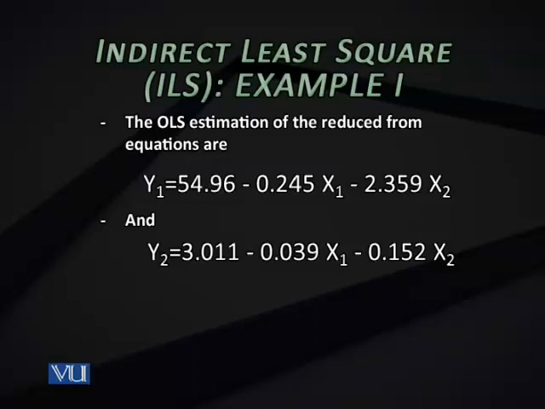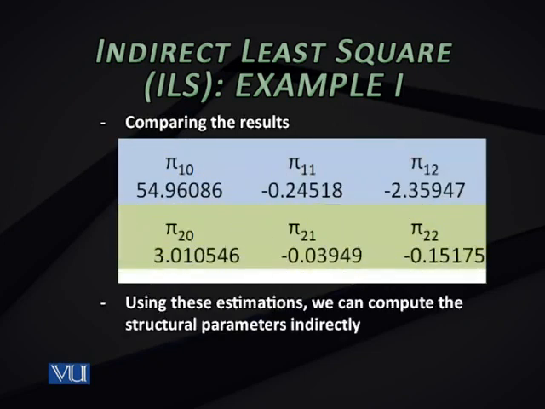You are seeing 2 equations. y1 is 54.96 minus 0.245 x1 minus 2.359 x2. Similarly, you have some values in the second equation. So what are these values? These are the values of the reduced form coefficients. For example, y1 had reduced form coefficients pi 1 naught, pi 1 1 and pi 1 2. Pi 1 naught was the intercept, which is 54.96, and pi 1 1 is minus 0.245.